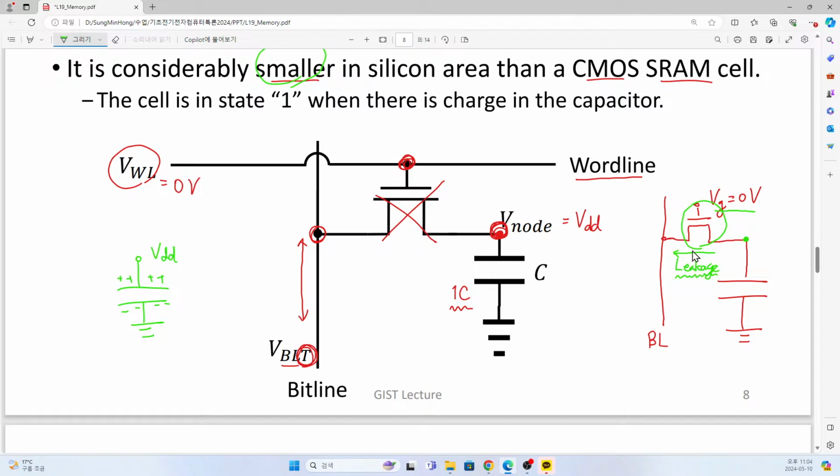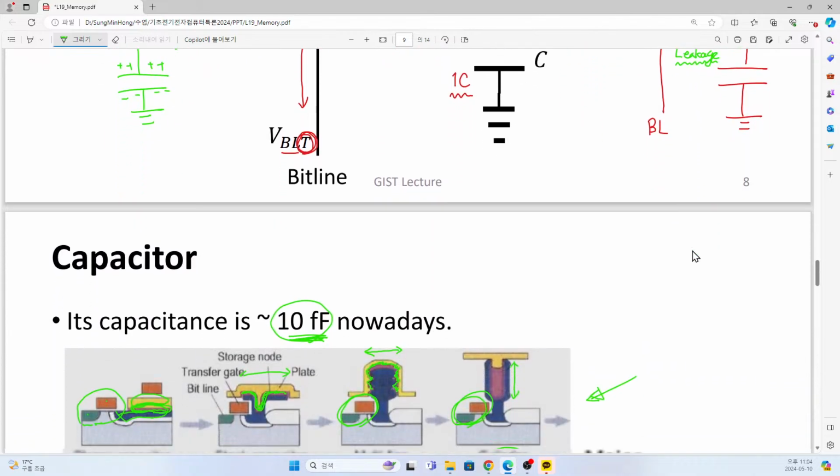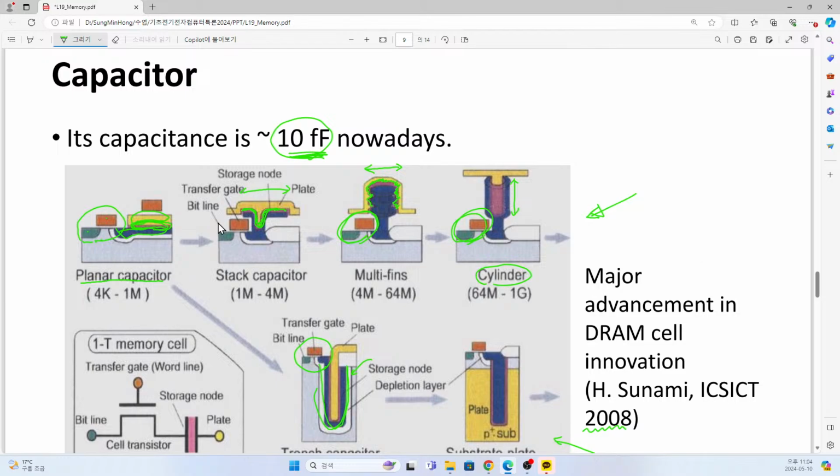So how can we reduce the leakage current? One way is to make a long transistor. However, we still want to keep this footprint as small as possible.